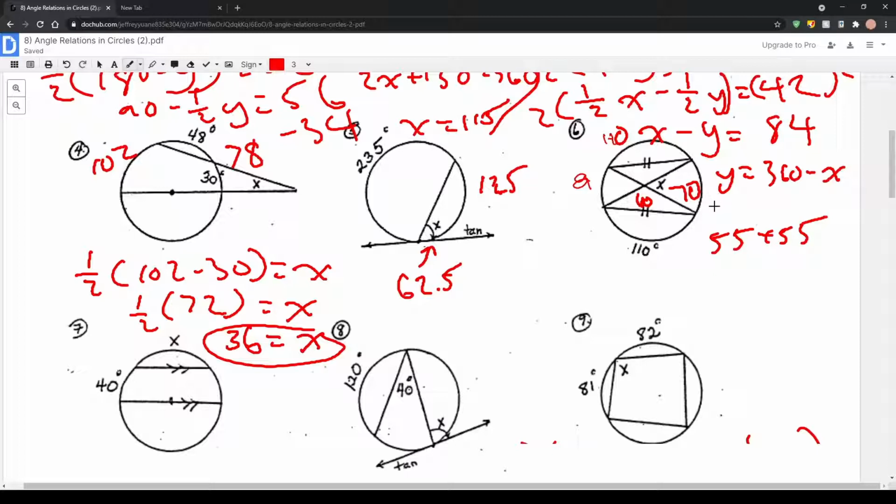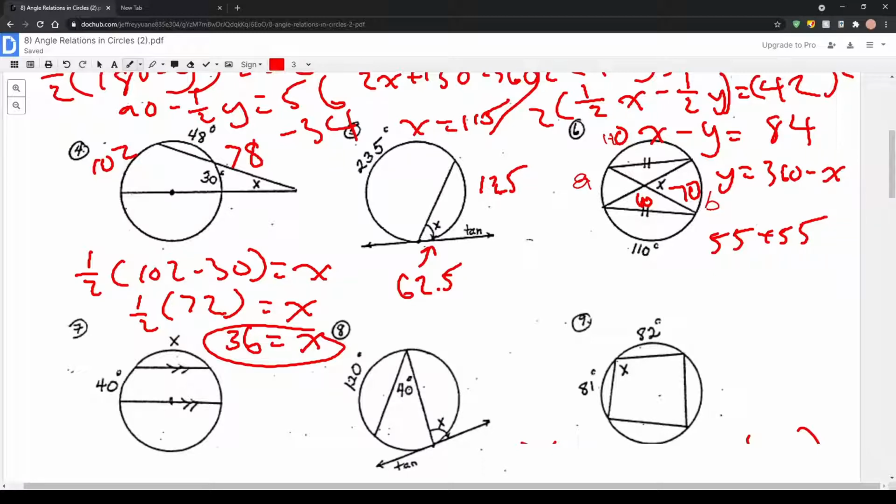And then if you call the other one, the one to the right side, B, then we know that A plus B is equal to 360 minus 220.